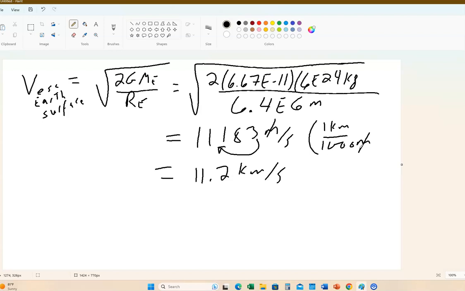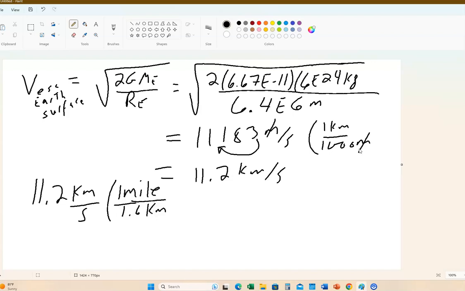So it's roughly 11.2 kilometers per second. I'm going to write it this way, and you'll see why in just a second. I know that in 1 mile, remember, we reserve lowercase m for meters, there are 1.6 kilometers. So the seconds don't change.